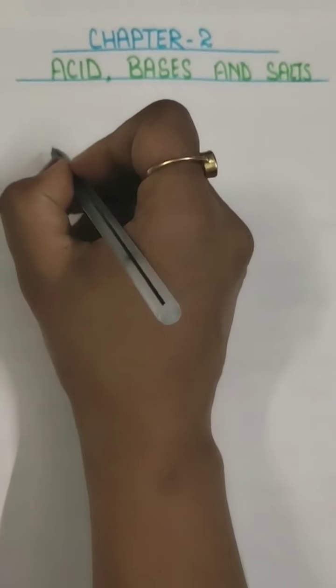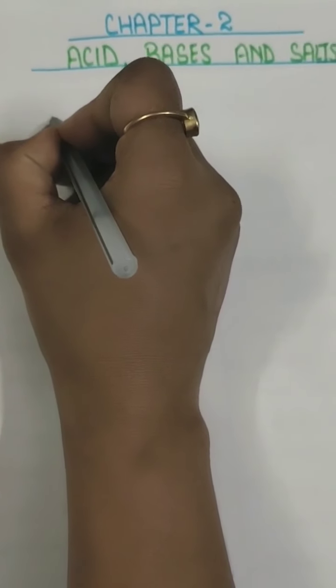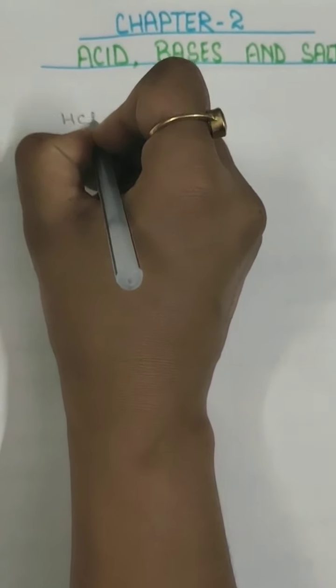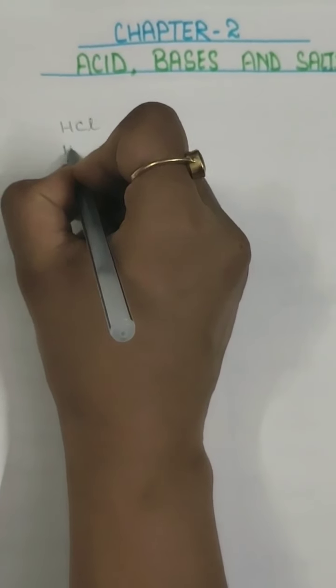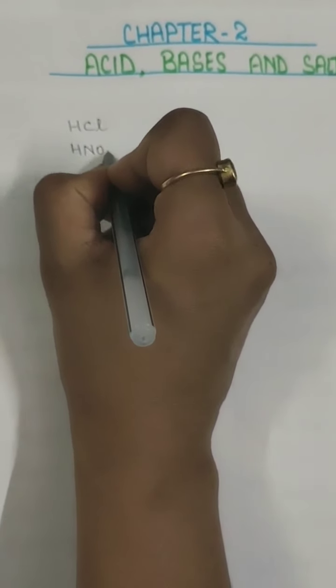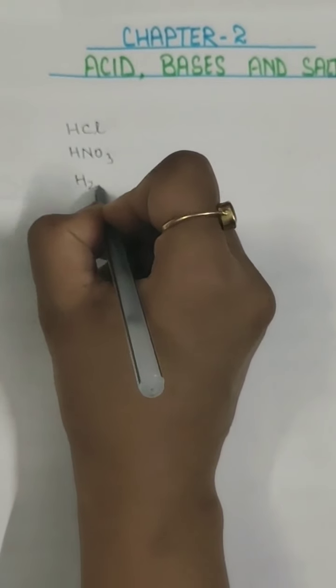About these. So acids are simply those compounds which when dissolved in water produce hydrogen ion or hydronium ion. Some of the examples of acids I will write here are HCl and HNO3, H2SO4 and many more.